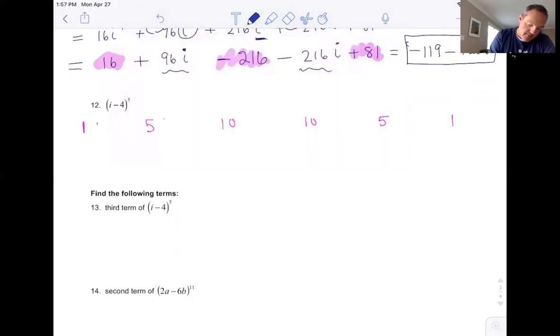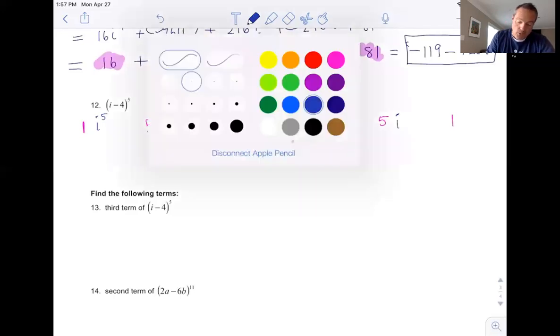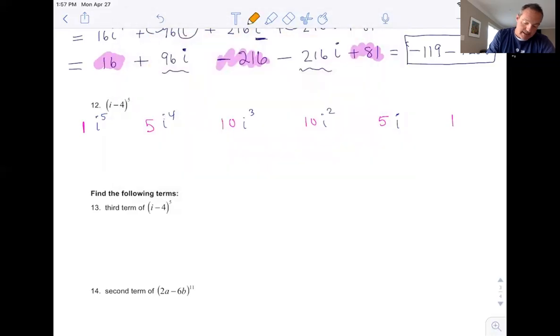Right? So we're going to have I to the 5th, I to the 4th, I cubed, I squared, and I. And we're going to take negative 4 and we're going to ascend it. So negative 4 to the 0, negative 4 to the 1st, negative 4 squared, negative 4 cubed, negative 4 to the 4th, and then negative 4 to the 5th power.